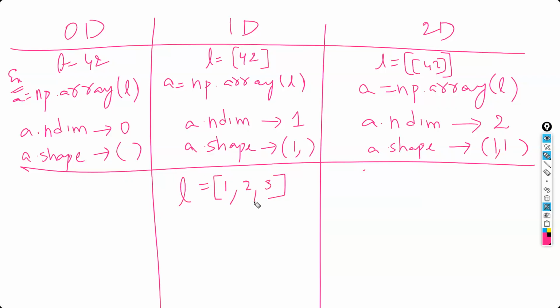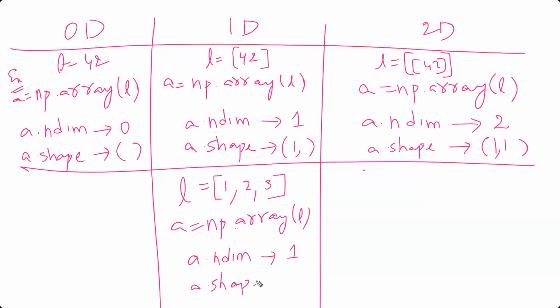It is a 1D. A is equal to np.array of L, and if I ask a.ndim, it is 1. And if I ask the shape of this, it is going to give 3 comma, because 3 values are there.